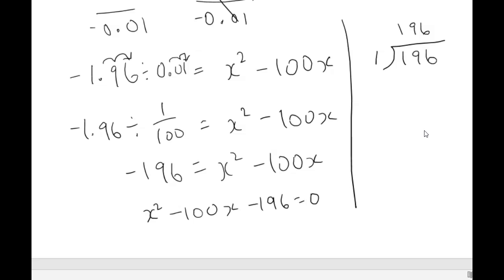Okay, so at this point we've got negative 196, so two numbers that multiply to give us negative 196, and when added together give us negative 100. I'm going to have to pause and just think of what they are. Oh my God, every time I pause, it's pretty much straight away I know what those numbers are. So it's going to be 98 and 2.